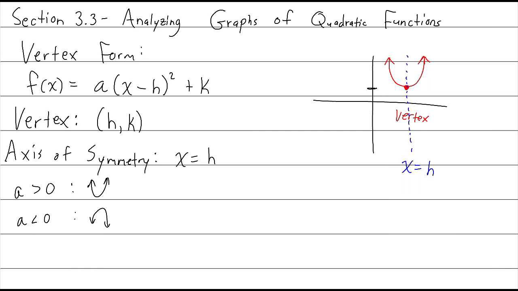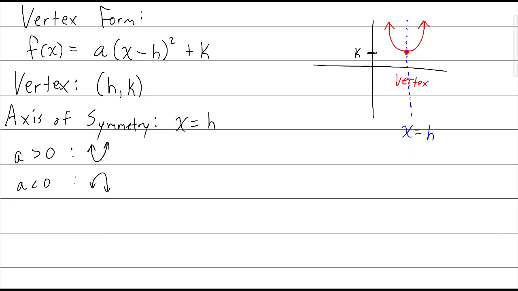By the way, that minimum value has to be k. So if a is greater than 0, in which case you have a graph that looks like this, that means it has a lowest point, it has a minimum, and that minimum will equal k.